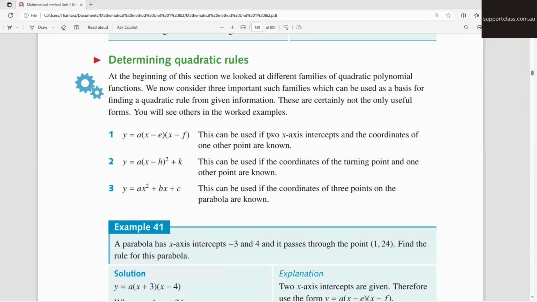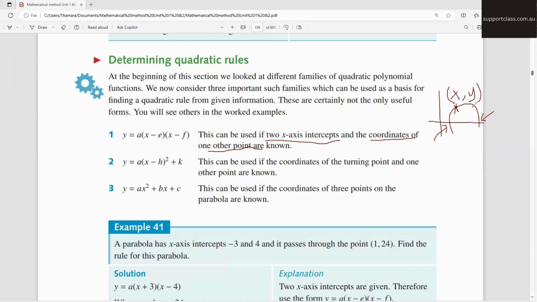You need to have the two x-axis intercepts as well as the coordinates of one other point, the x and y coordinates of any point on the graph.